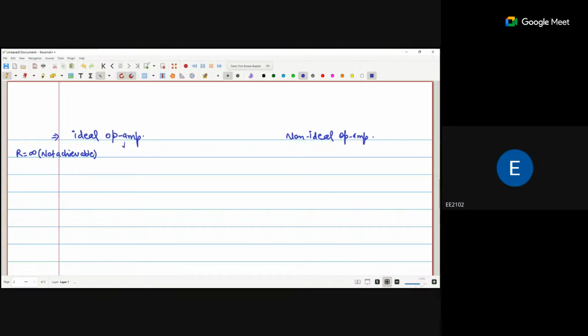In the case of the ideal op-amp, we consider the input resistance R_in to be infinite.